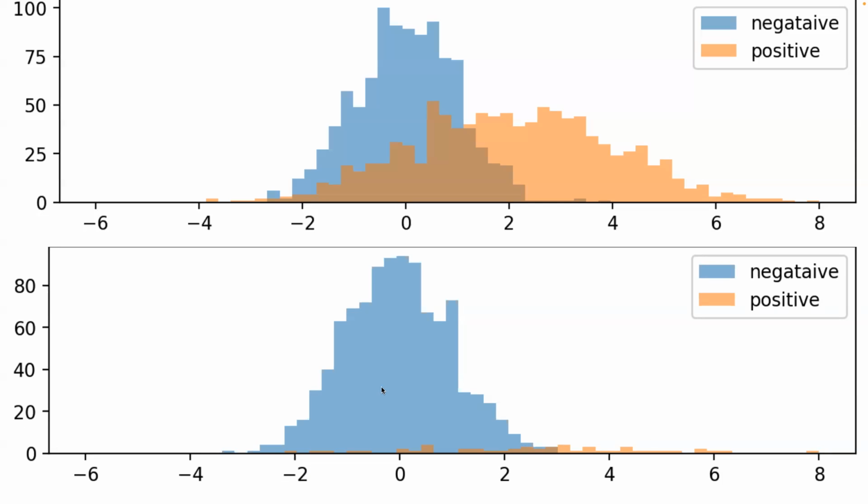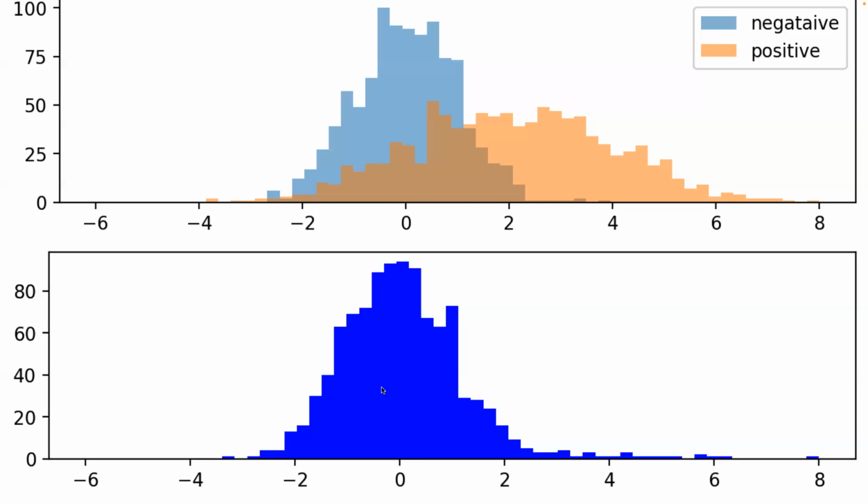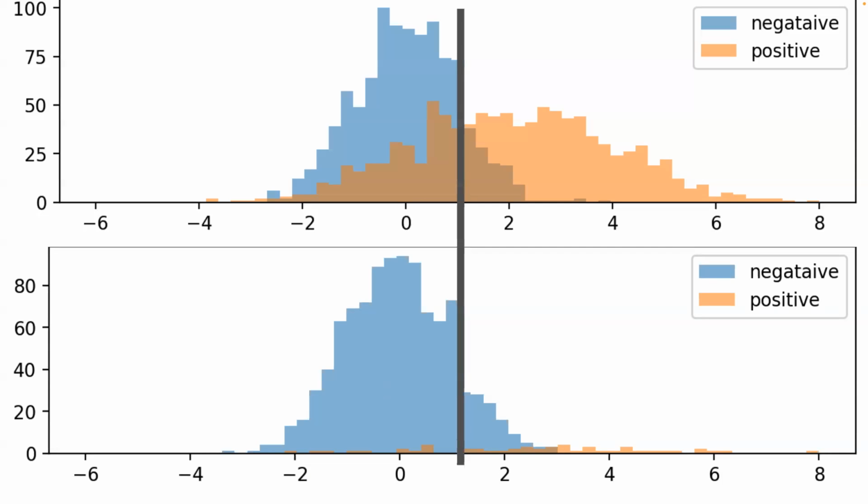But if we were to use one of our metrics, like for instance, the precision of our classifier, right? So up here at some threshold, we actually had really good precision. Maybe we had 80% precision. 80% of the samples above this threshold were actually true positives, right?